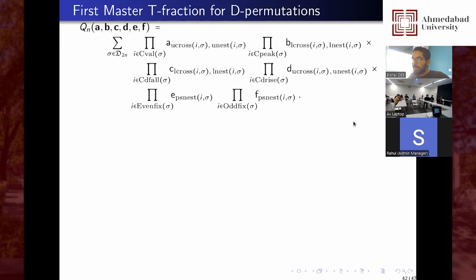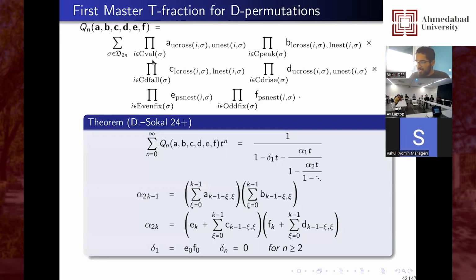Now define this multivariate polynomial with infinitely many variables counting many different statistics on D-permutations. I'm not going to tell you what these are counting, but you sum over all D-permutations. Then you obtain this continued fraction. And this implies that these polynomials are coefficient-wise totally positive with respect to all of these variables.